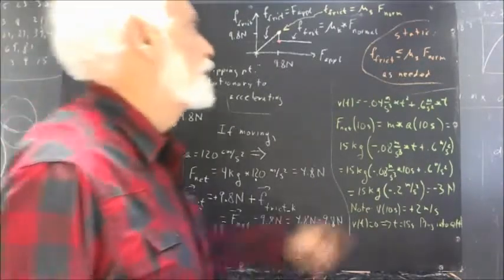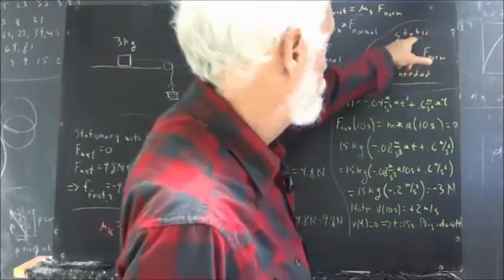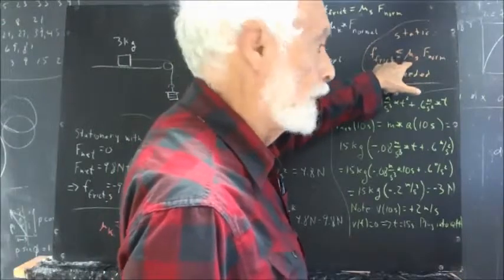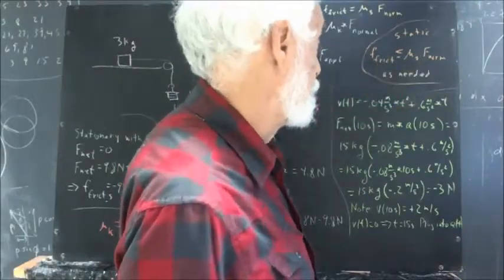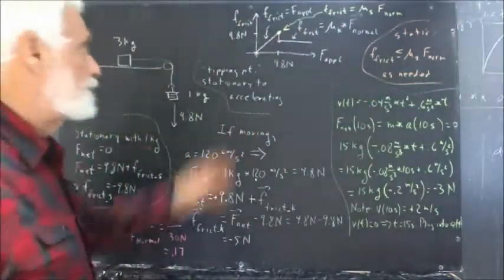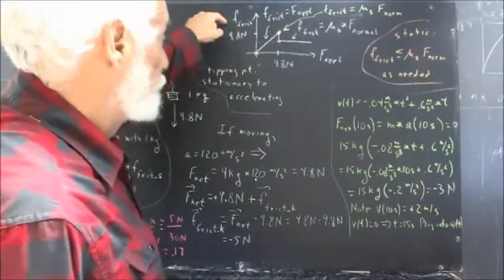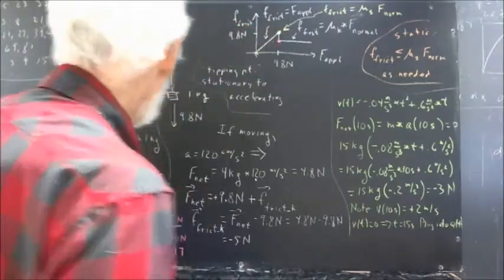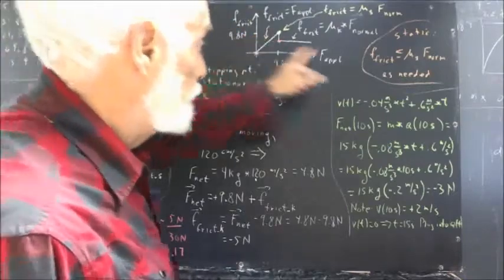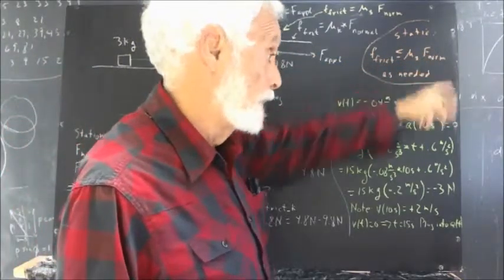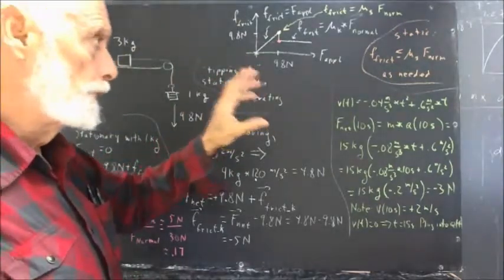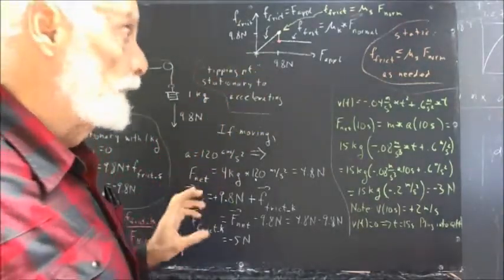Also, there's an inequality involved here. For static friction, the force of friction is less than or equal to the coefficient of static friction times the normal force. And I say as needed, meaning that as I need more and more frictional force to hold this thing stationary, the frictional force can continue to increase until it's equal to the coefficient of friction times the normal force, and then the frictional force is not going to be sufficient to hold the object stationary.